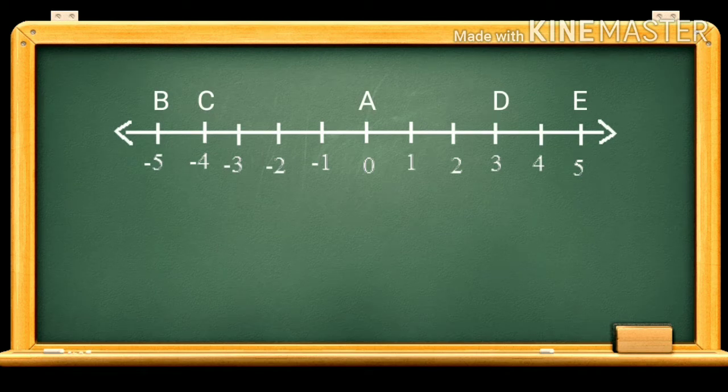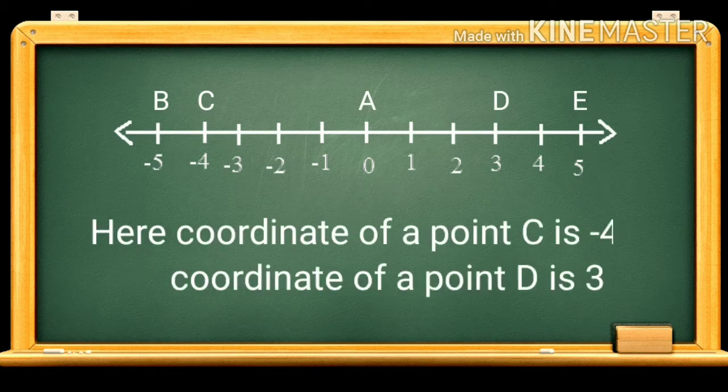Point C corresponds to the point -4. Right? So, I can say the coordinate of point C is -4, whereas the coordinate of point D is 3 and so on. This is simply the coordinate of a point.